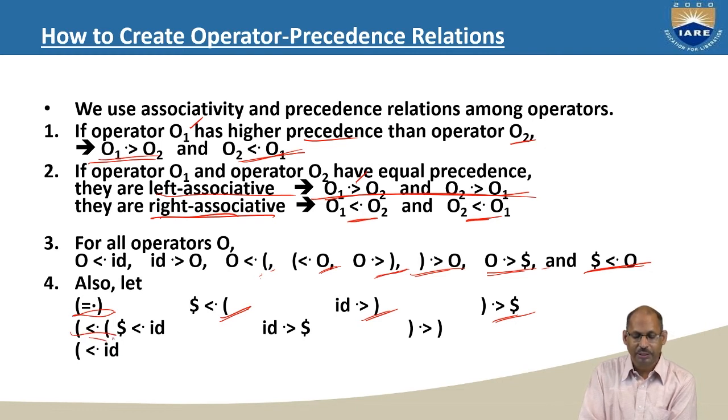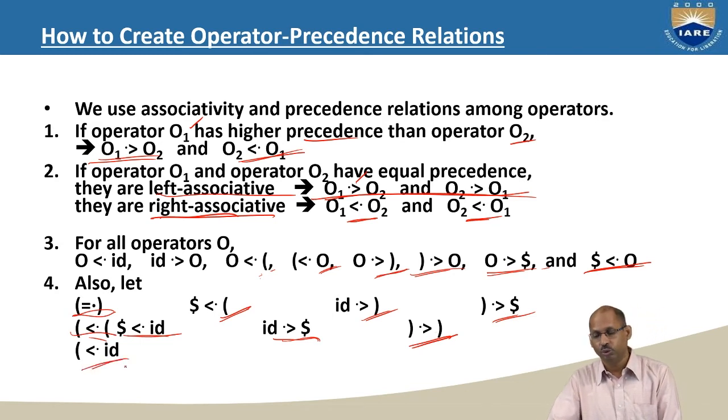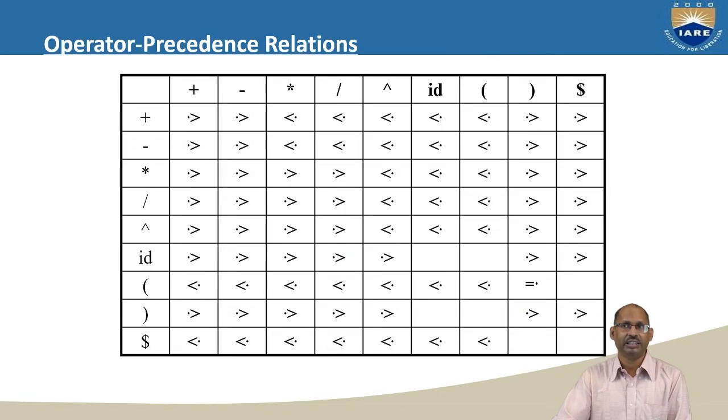Right parenthesis is greater than right parenthesis. Left parenthesis is less than left parenthesis. But right parenthesis is greater than right parenthesis. And left parenthesis is less than ID. So using all these relations, we construct the operator-precedence table.